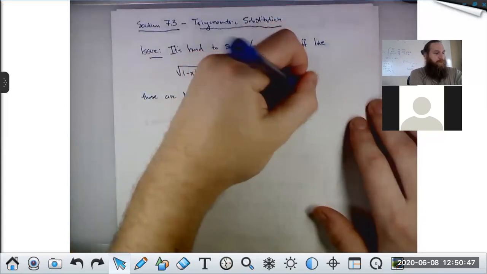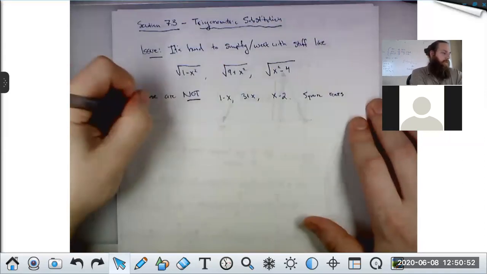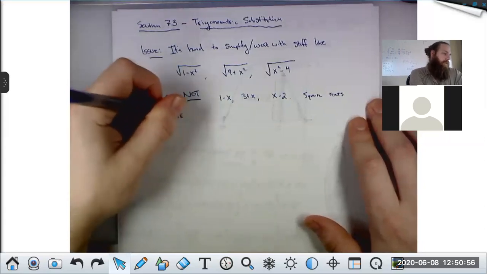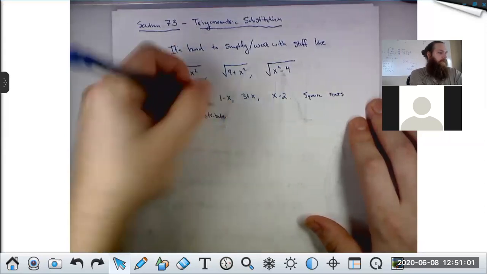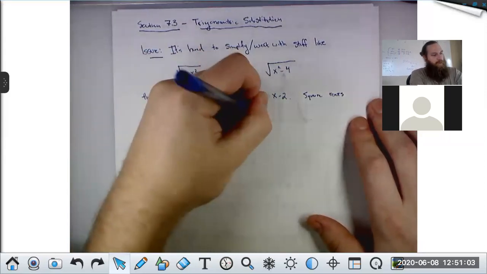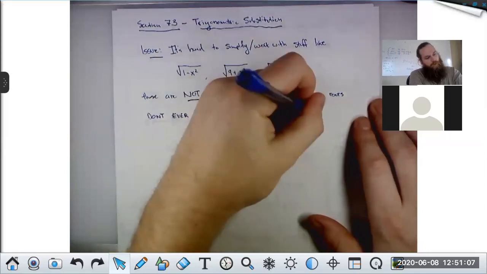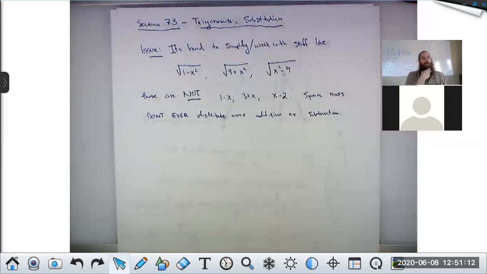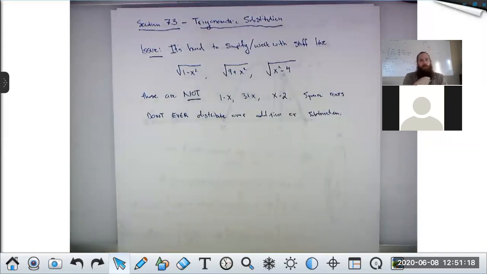Right? Square roots don't ever distribute over addition or subtraction. And for that reason, each of these functions is kind of tough to integrate.